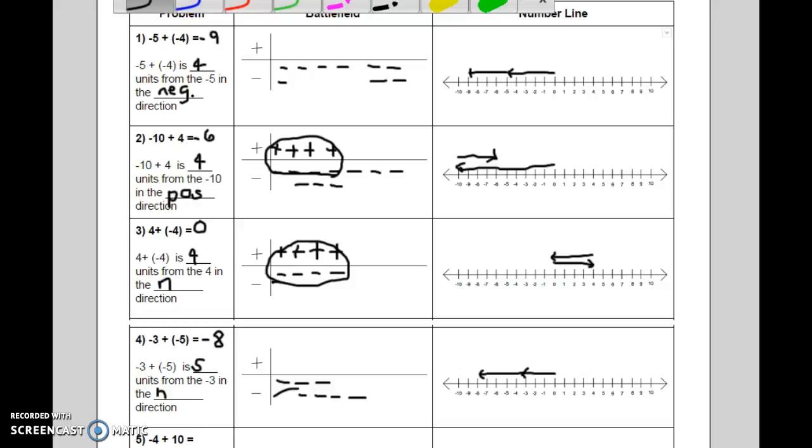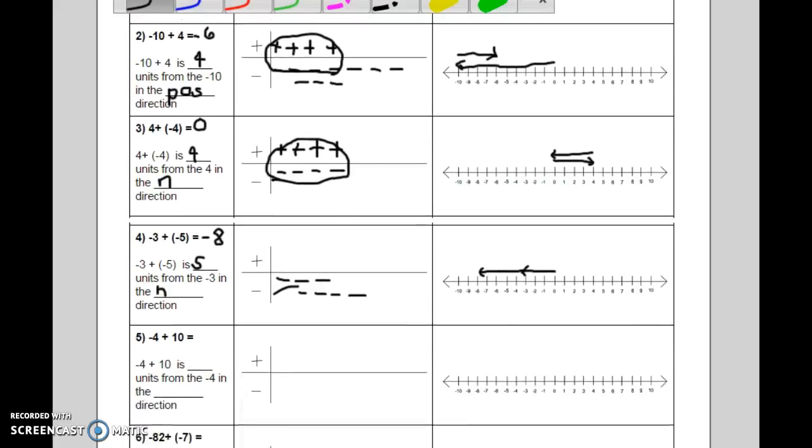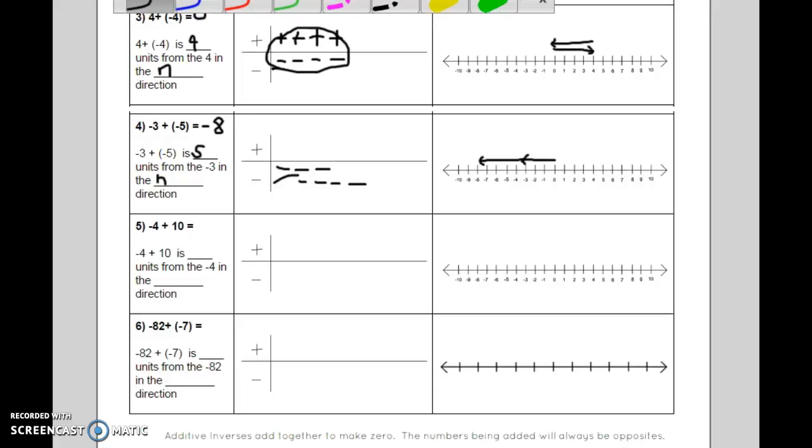Okay. So now we're going to look at just a couple more examples. We'll do the first one together, and then I'm going to have you do the last one on your own. So negative 4 plus 10. So this one's going to be a battle. So I have 4 negatives, 1, 2, 3, 4. I have 10 positives, so 1, 2, 3, 4, and then 10 more after that, 5, 6, all the way to 10.